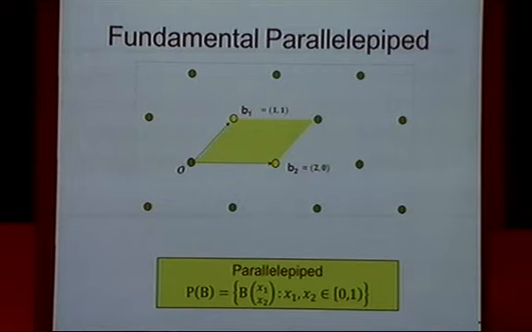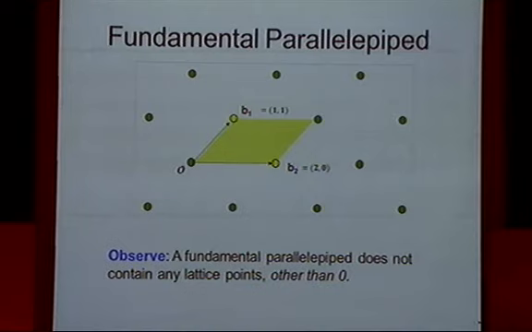This is the little parallelogram that B1 and B2 enclose. How do you algebraically define it? It's the set of all linear combinations of B1 and B2 with coefficients in the half-open interval [0, 1). Pictorially it looks like this parallelogram.